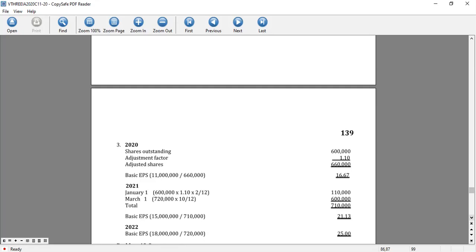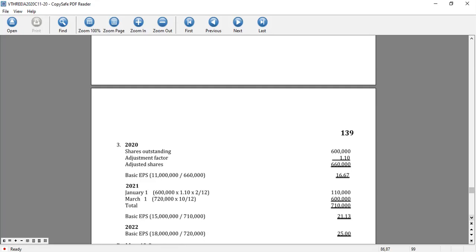Then March 1, 720,000. That's the adjusted amount of 720,000, and then we multiply it by 10 over 12. That's from March 1 to December 31.